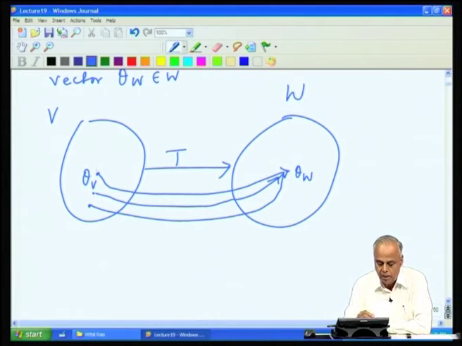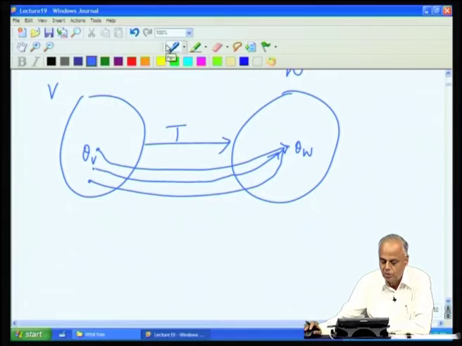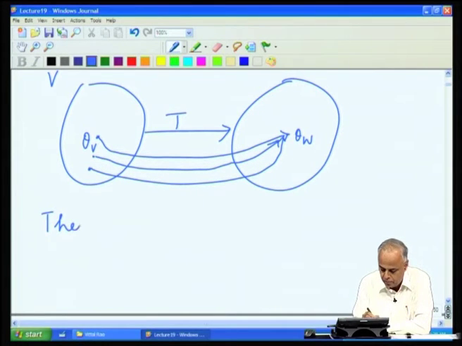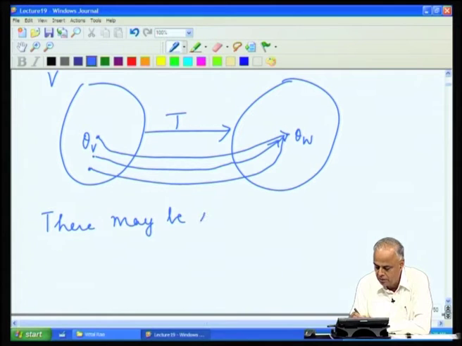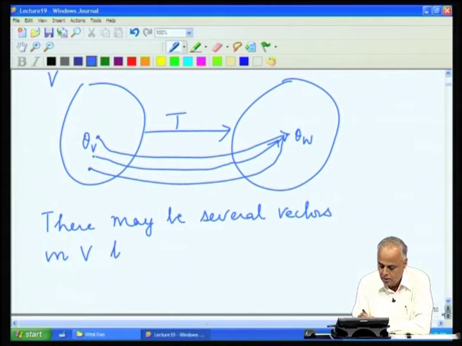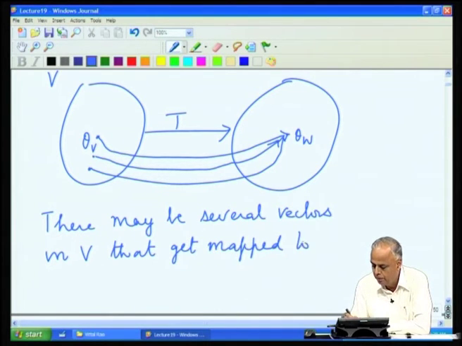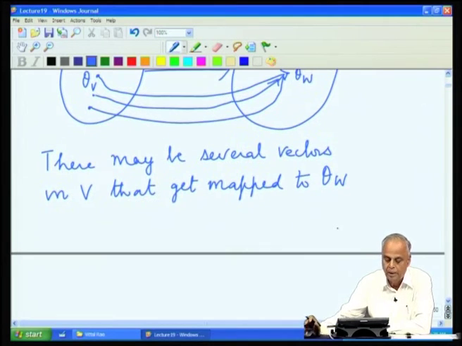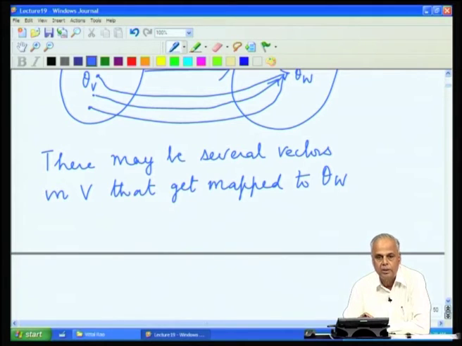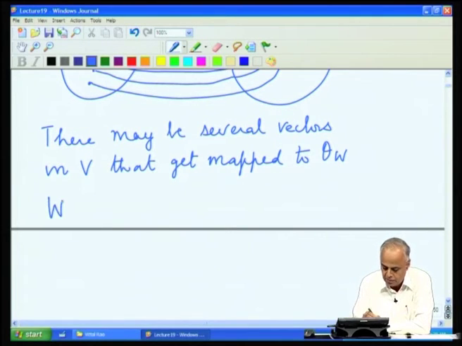In other words, there may be a lot of vectors in V which are all going to get focused towards theta W by this lens T. So, there may be several vectors in V that get mapped to the 0 vector in W, in addition to the theta V which we already know gets mapped to theta W.